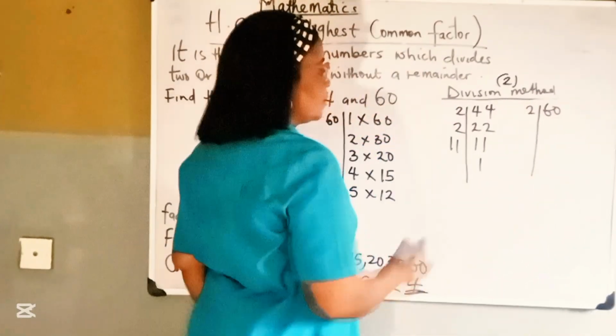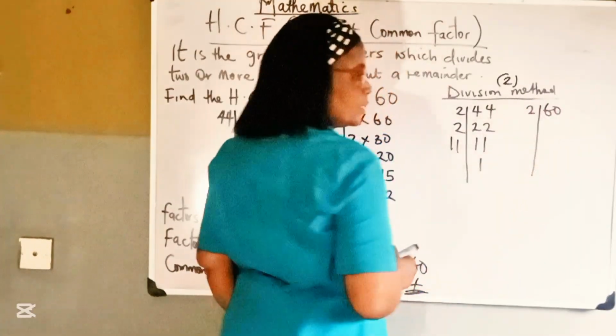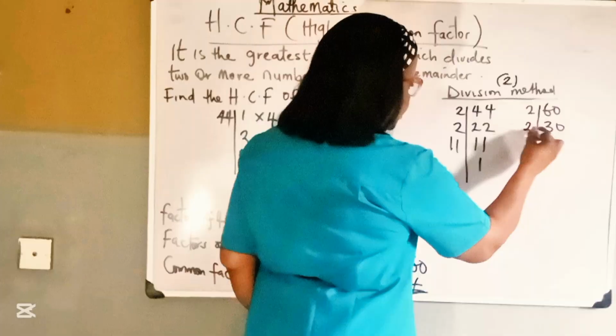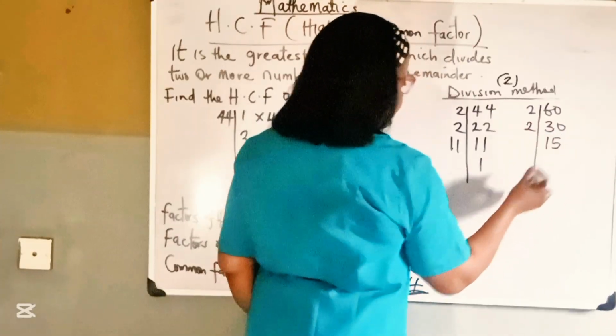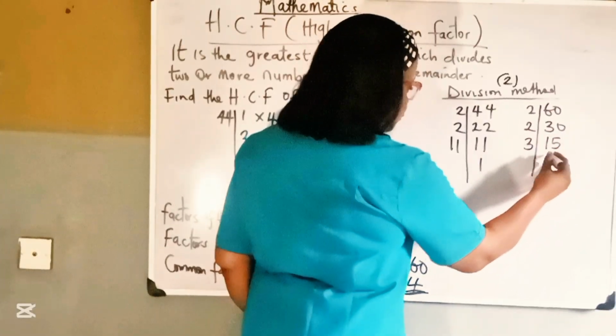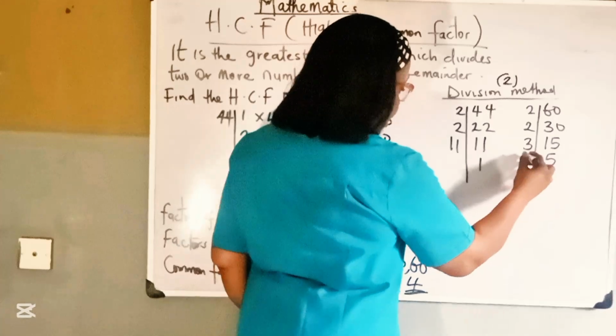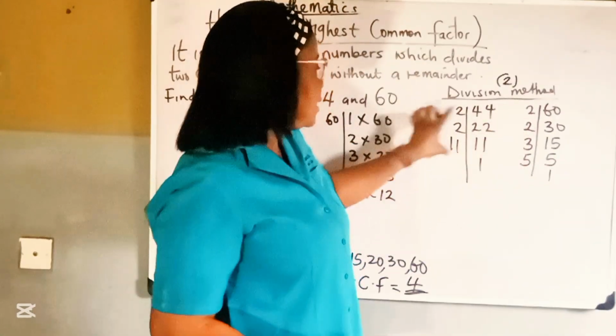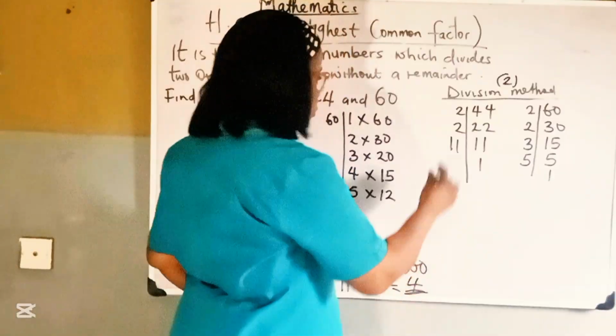What is going to divide 60? We have 2 into 60 will give you what? 30. 2 into 30 gives you 15. 3 into 15 will give you 5. And 5 into 5 will give you what? 1.